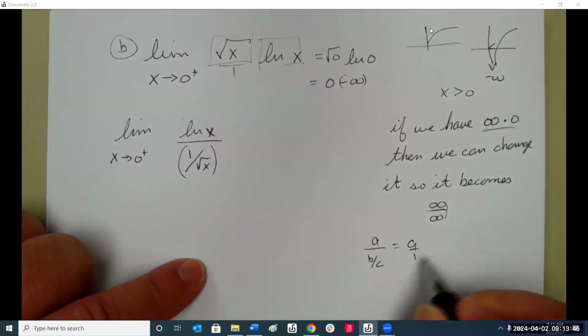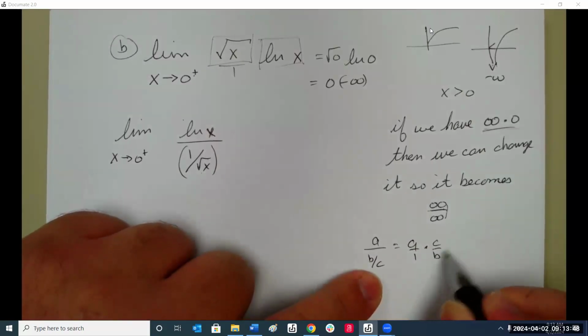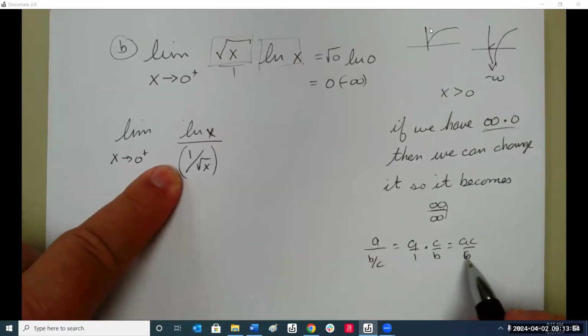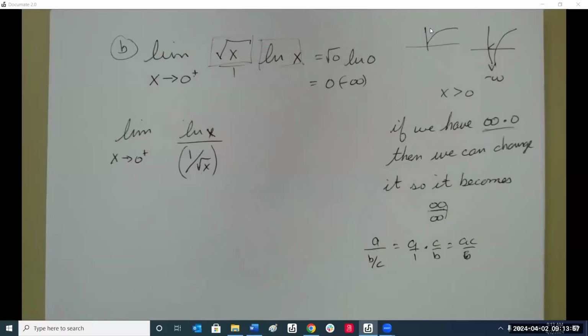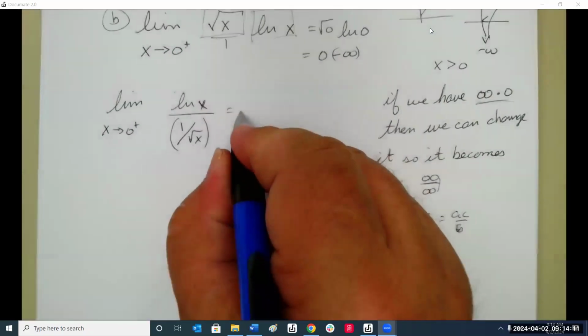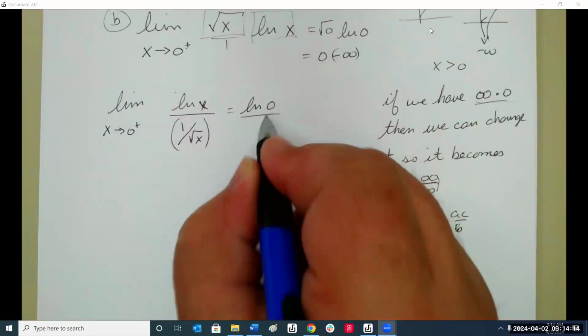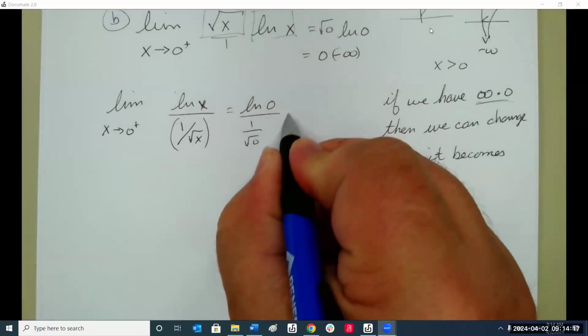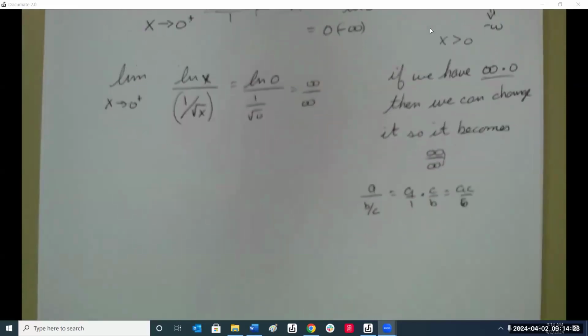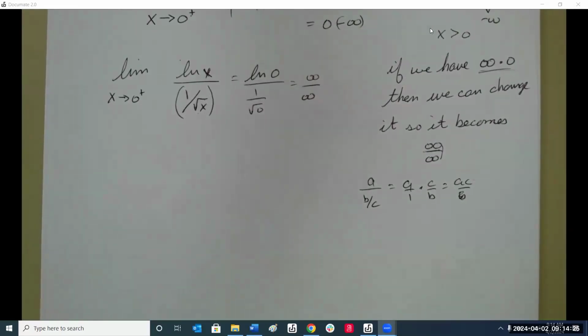So it's A over 1 times the flip, so we have AC over B. Well, B was 1, so we just have AC. Now this becomes ln at 0 over 1 over radical 0. This goes to infinity. This goes to infinity. So we use L'Hopital's rule.